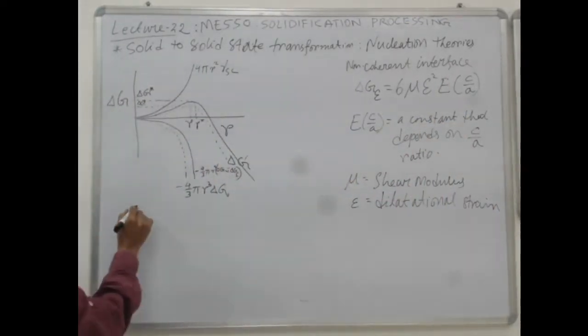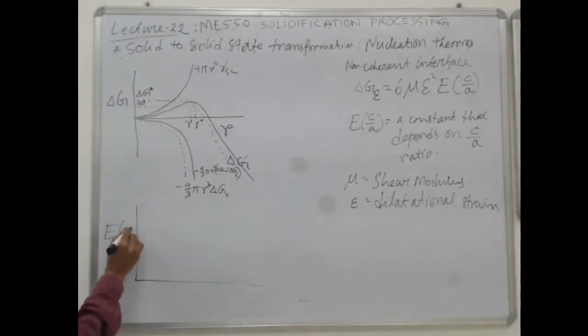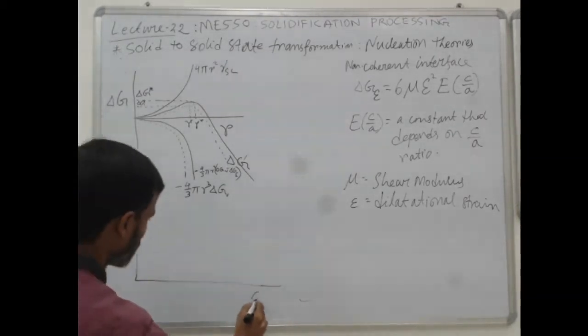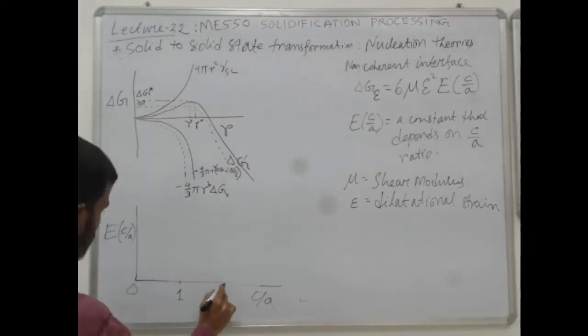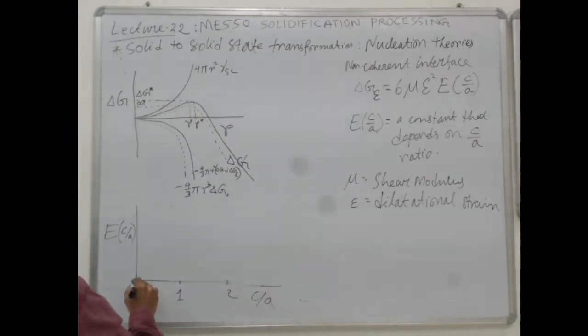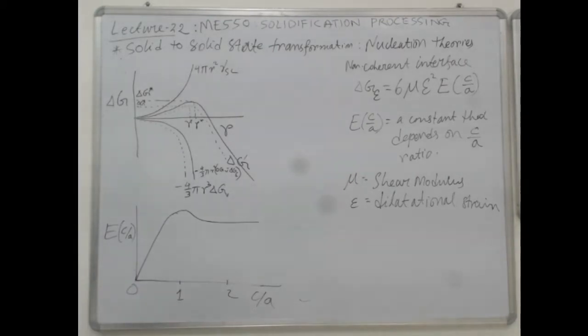This constant E, they further gave, varies with the C by A ratio from 0 to different values. Say if it is 1, if it is 2, it goes like this, then falls a little bit, and goes like this. So when it is close to 0, in this region the shape is disc-like.